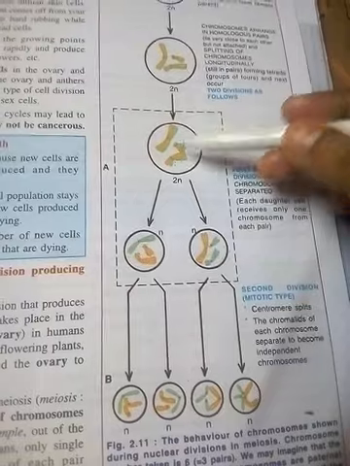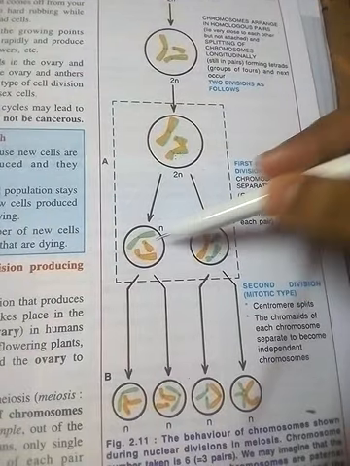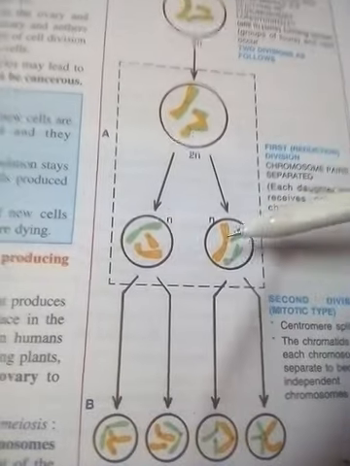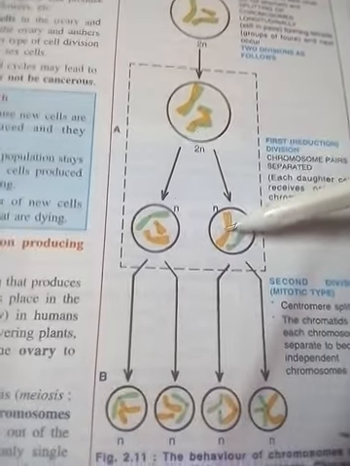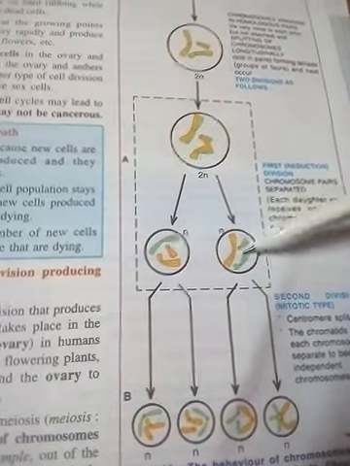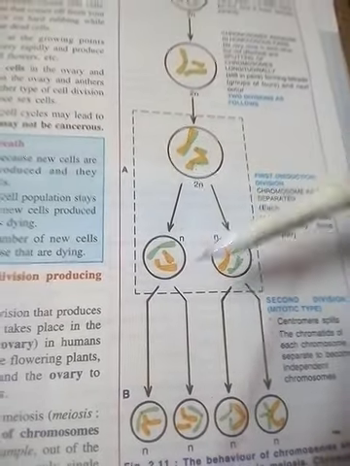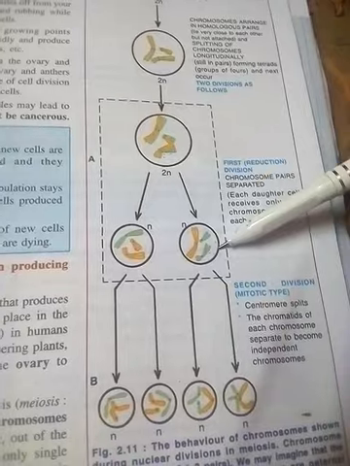So 6 chromosomes are separated into daughter cells, 3 plus 3. This process is meiosis 1. After meiosis 1, the chromosome number is reduced from 2n equals 6 to n equals 3.